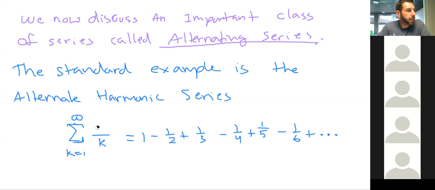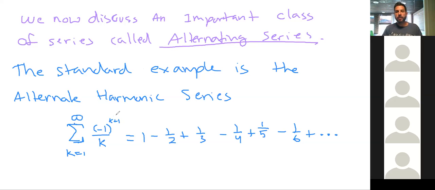If you take -1 and raise it to an odd power, it's -1. And if you take -1 and raise it to an even power, you get +1. So if I put in the numerator -1 raised to the power k plus 1, then that is what creates the alternating.